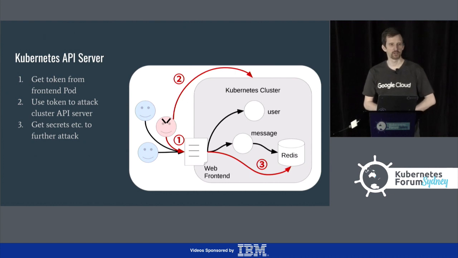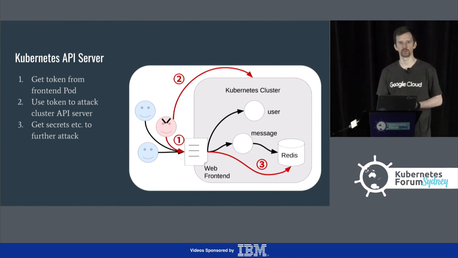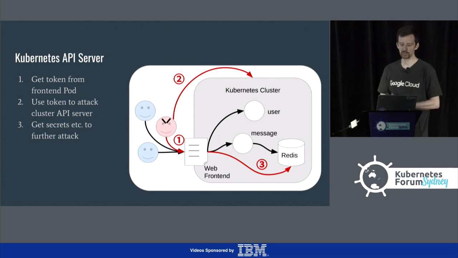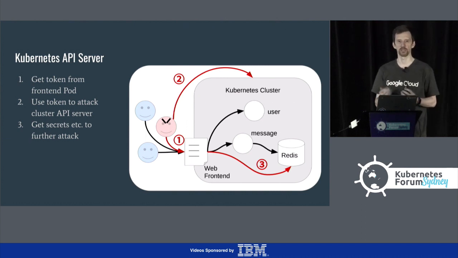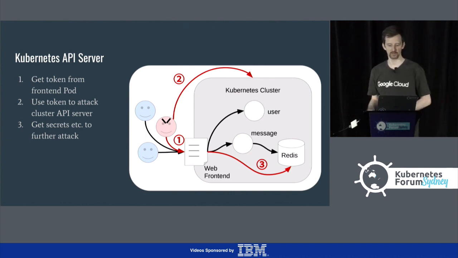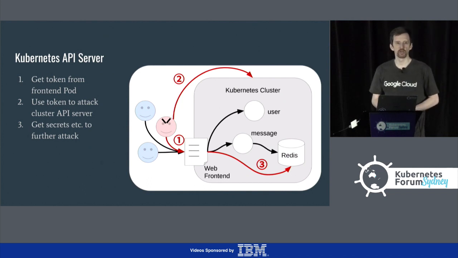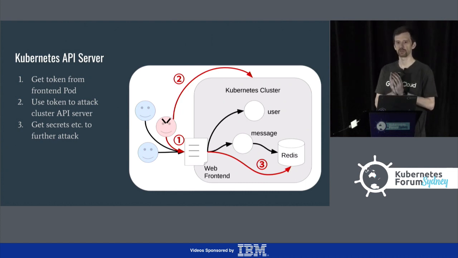So the first scenario that I want to talk about is attacking the Kubernetes API server itself. One way that an attacker might try to attack your service might be to attack the Kubernetes cluster API server in order to try to get privileges on the cluster that they can then use to further attack the cluster. By default in Kubernetes, each pod gets what's called a service account, which has privileges attached to it.